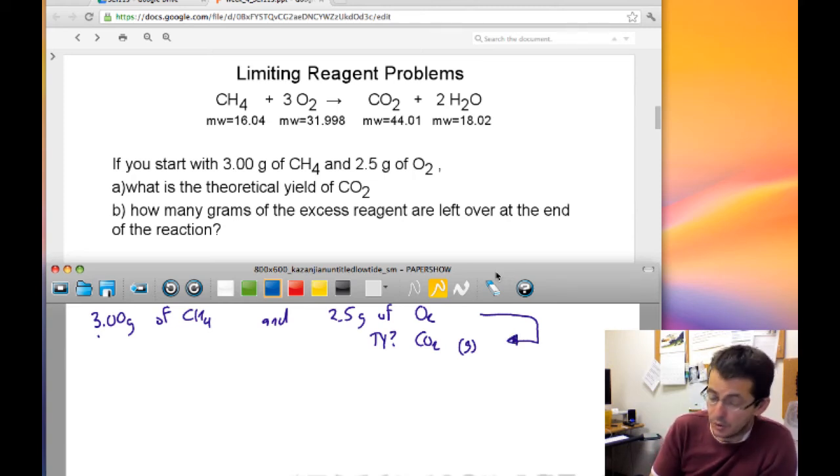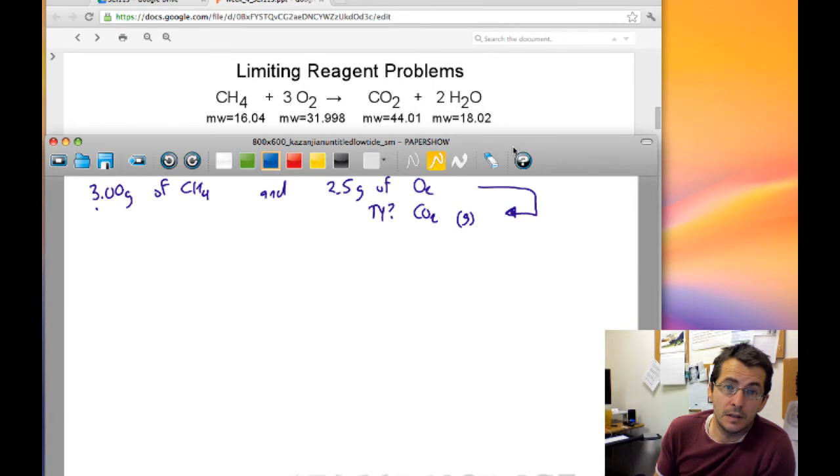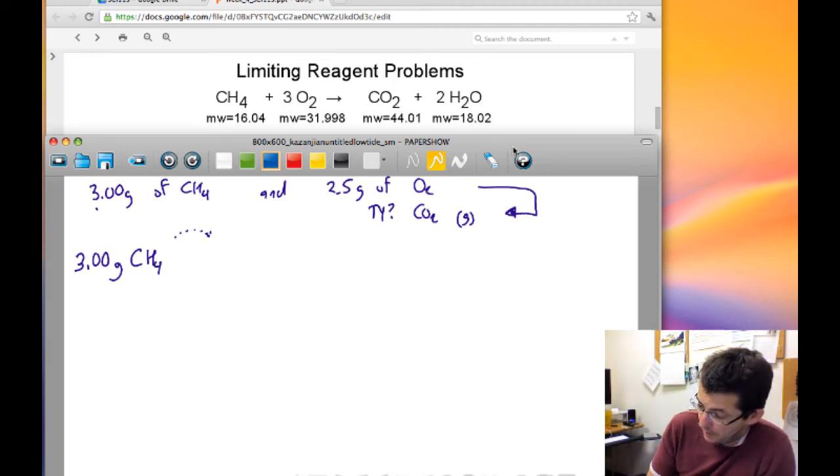Now there's two ways to do this. I'm only going to show one, and that involves converting each of these to the products, though I personally prefer the alternate method in the last episode of this lecture. Take our grams of CH4 and we convert it into our grams of CO2.